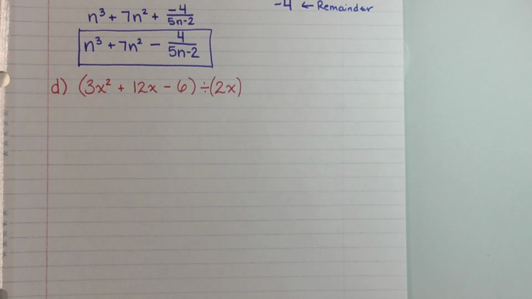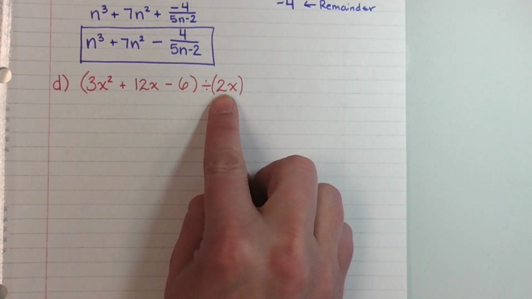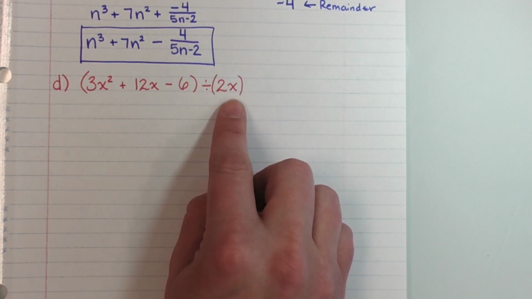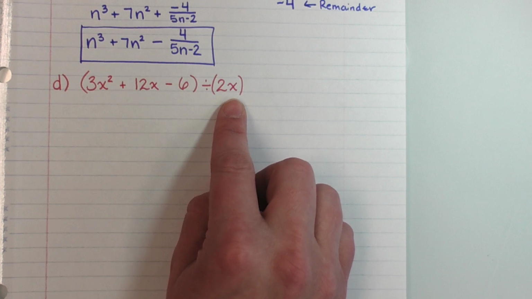There's no adding or subtraction in this. What do you call it when there's no adding or subtraction in the polynomial? It's a monomial. When you divide by a monomial, you do not do long division.